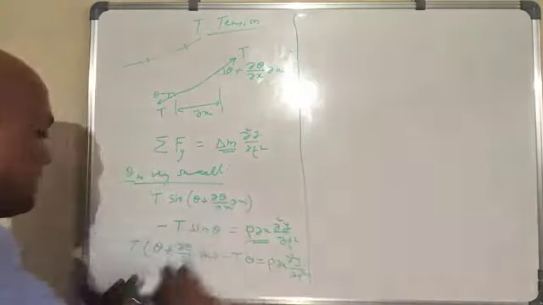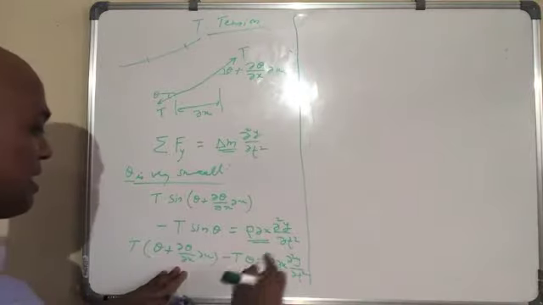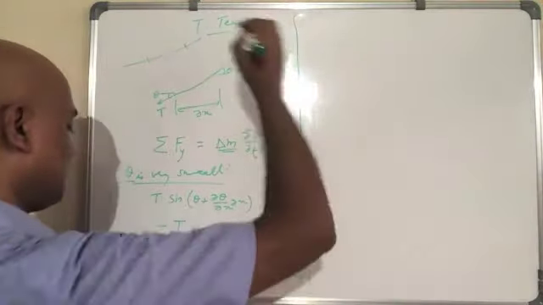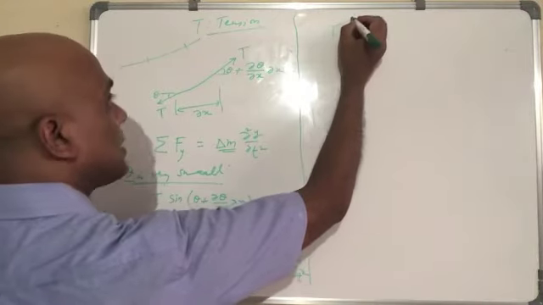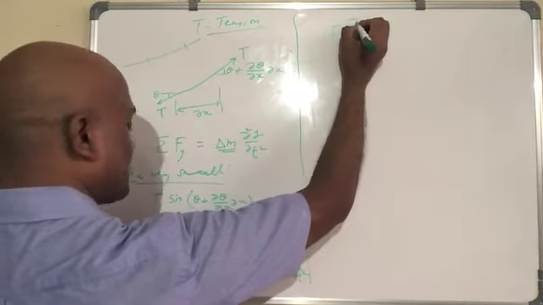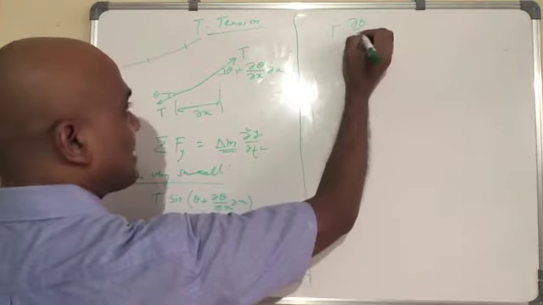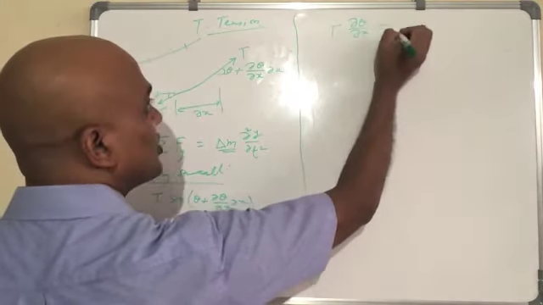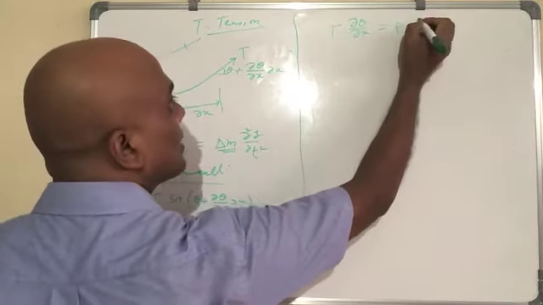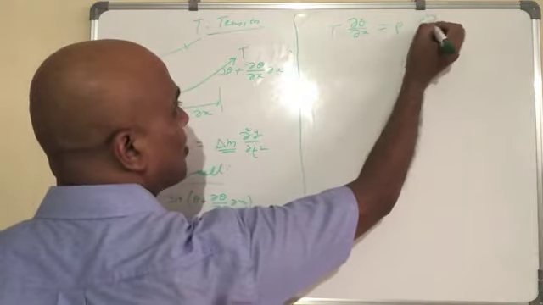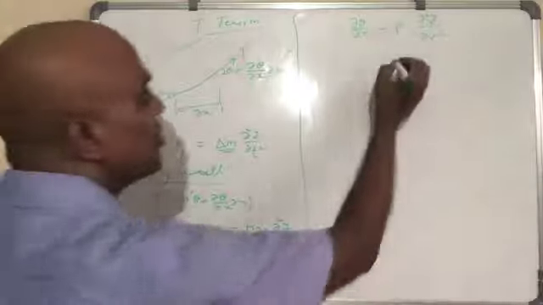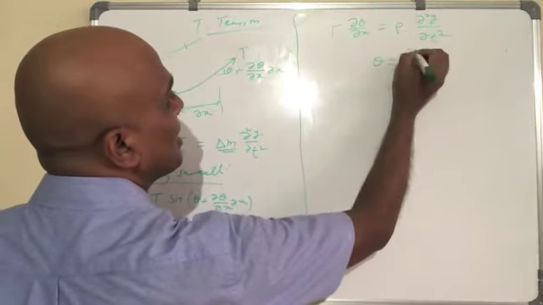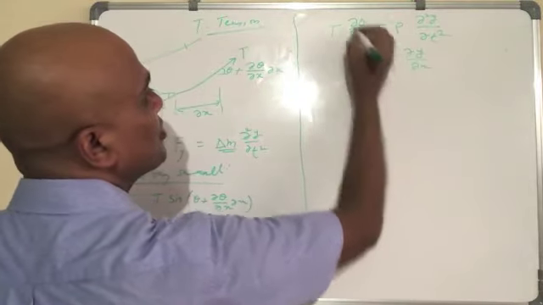Next, if we simplify, we get T times del theta over del x equal to rho times del square y over del t square. You know that theta equals del y over del x, so put it here.